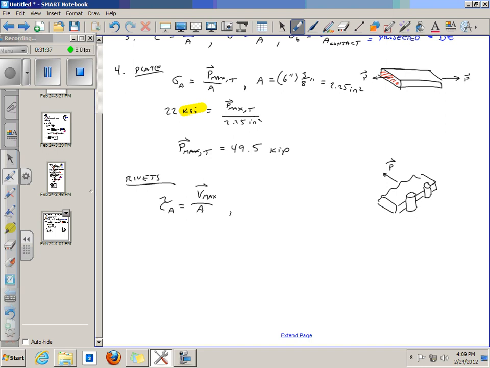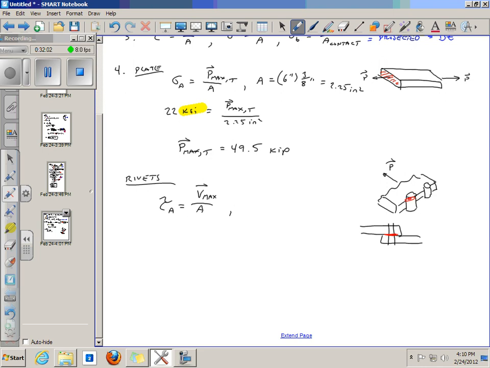Because I've got one plate up high and one plate down low, with the pins going through them, the place where sliding is going to occur is here, on that plane, that surface.